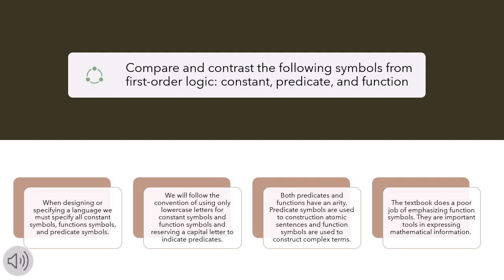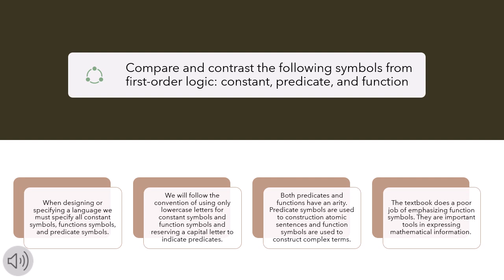And remember that atomic sentences are the most basic expressions that we can say about the objects that we've named in our language. So again, this convention will help us distinguish between what we're using with function symbols and what we're using with predicate symbols.